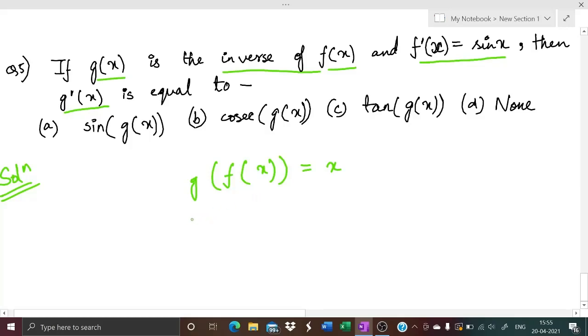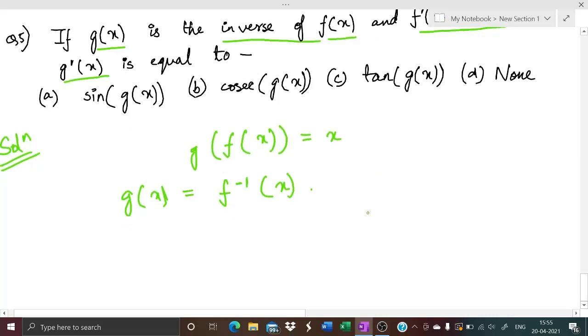Now I will write that g of x equals to f inverse x. Fine. g of f equals to f inverse x. Then f inverse of f of x equals to x.